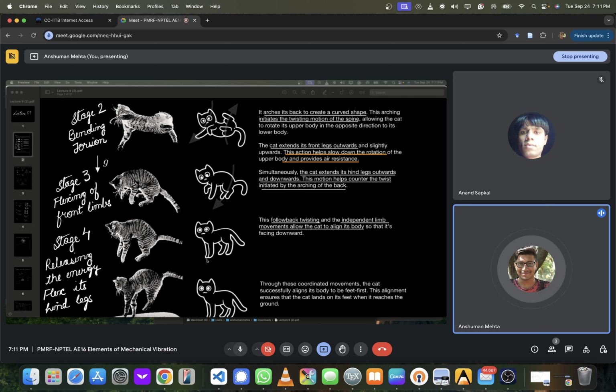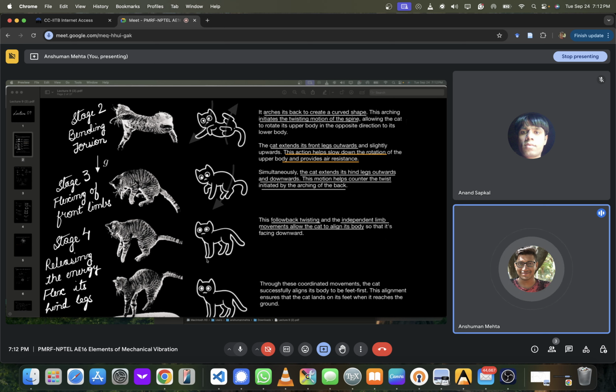Starting with our abstraction, when we are converting a physical model into a mathematical model, we always have a purpose. So what is the purpose of this abstraction? If it were how a cat jumps, then I would have used some other model, but here it's about the super cat ability to land on 4 feet while falling down.